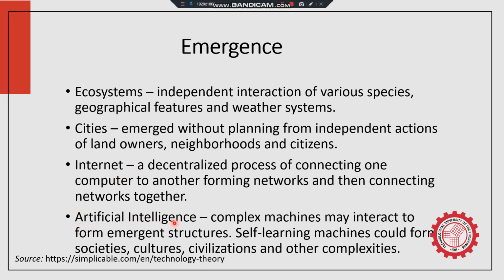And then artificial intelligence. Complex machines may interact to form emergent structures. So self-learning machines could form societies, cultures, civilizations, and other complexities. I think you're familiar with smart home, wherein most of the appliances are automatically controlled and could be controlled remotely.